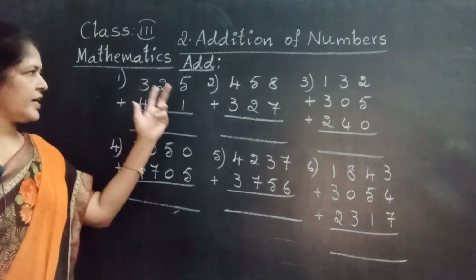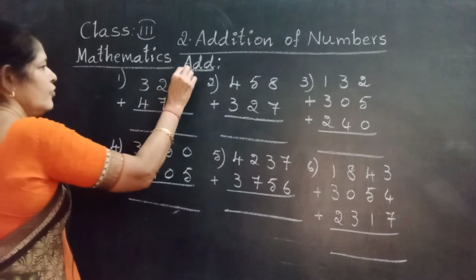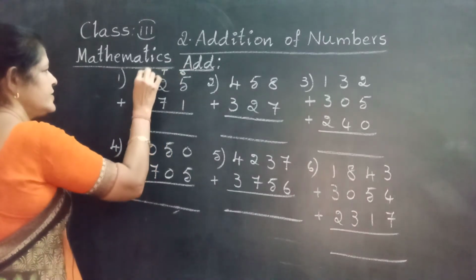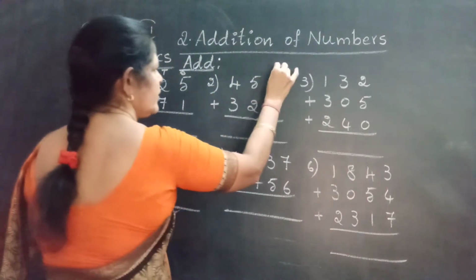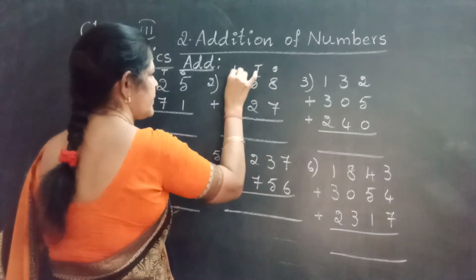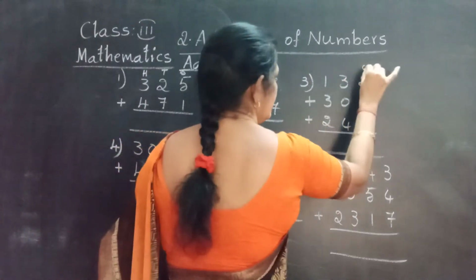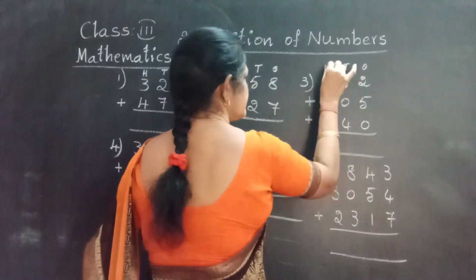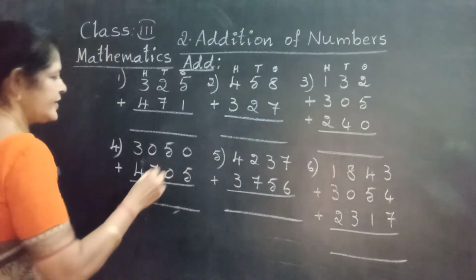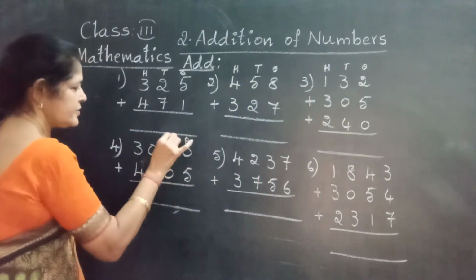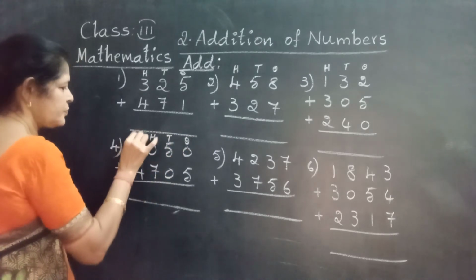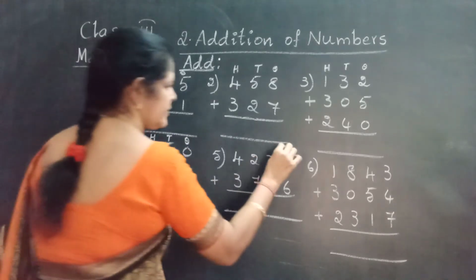Column wise, 3 digits means ones place, tens place, hundreds place. 4 digits means ones place, tens place, hundreds place, thousands place.